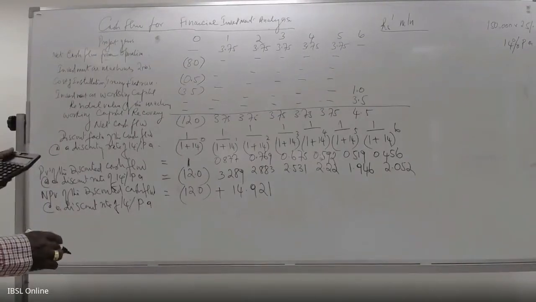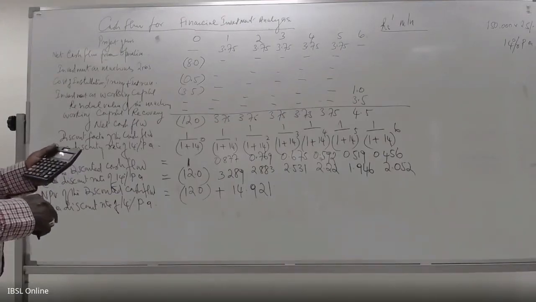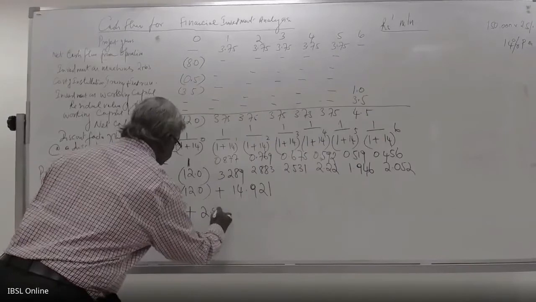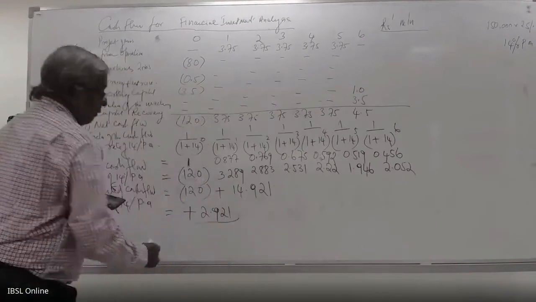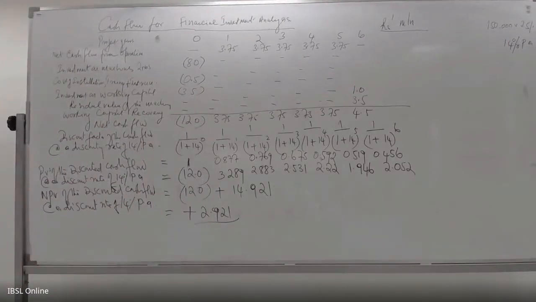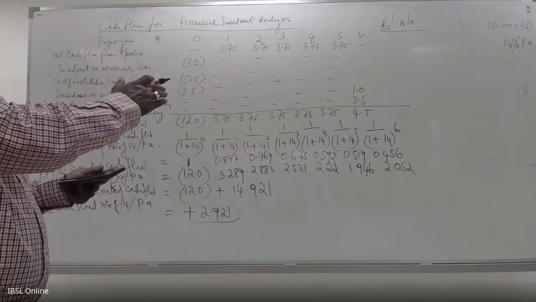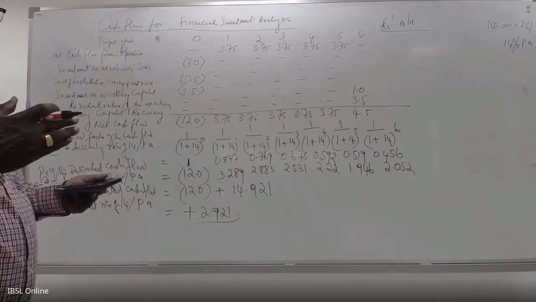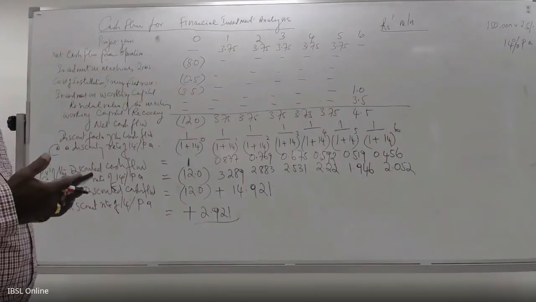So now 14.921 minus 12 is 2.921, positive. So NPV is positive. That means all inflows at present value cover the investment cost, cover all outflows. So it is beneficial at this interest rate.